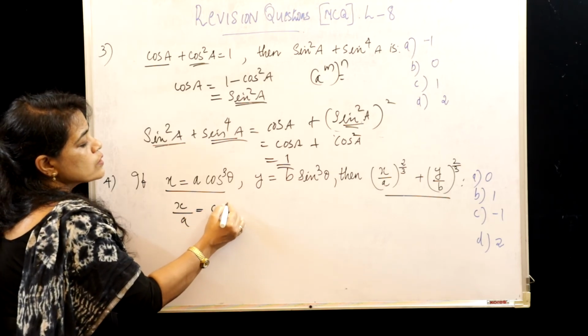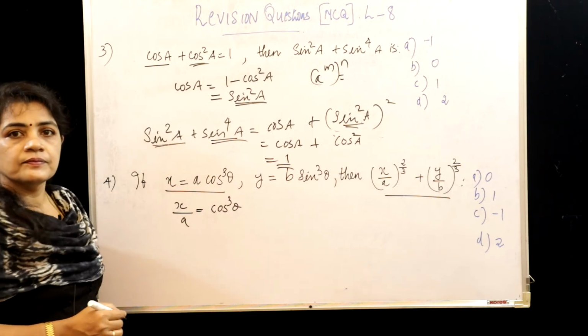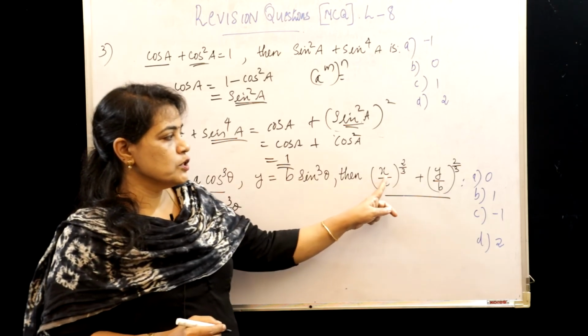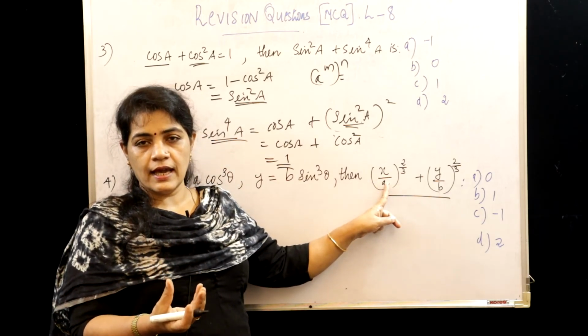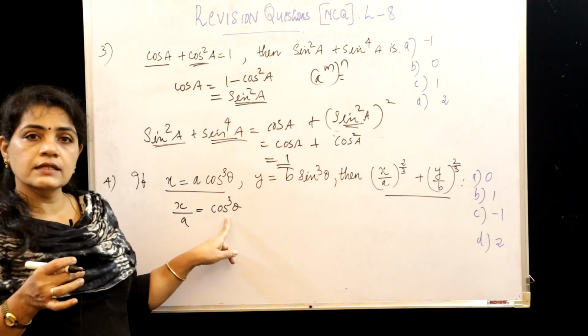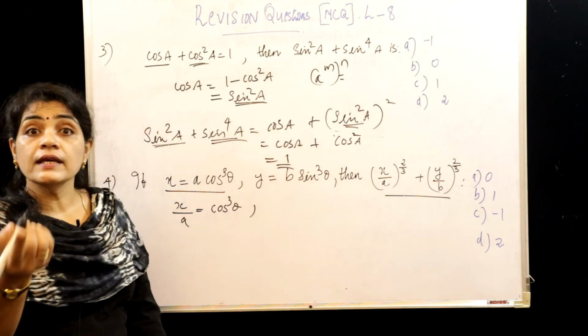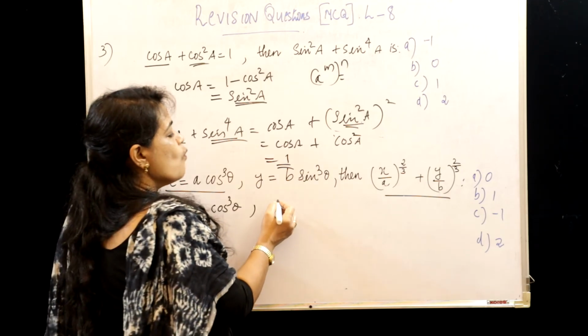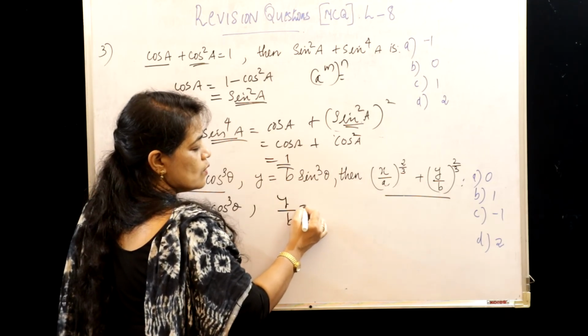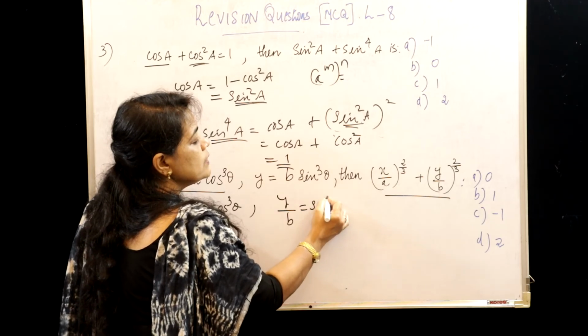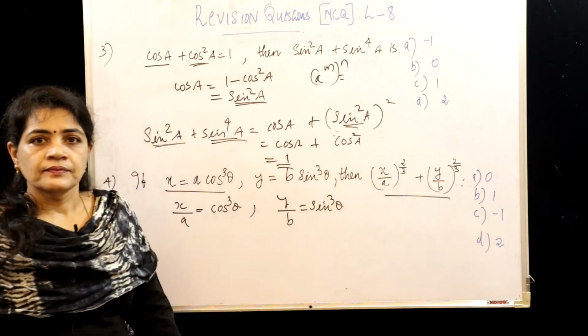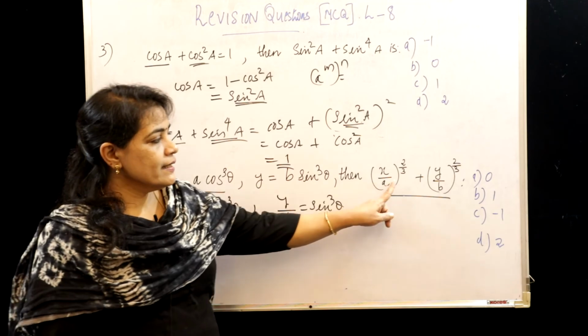So x by a is equal to cos cube theta. That means we can substitute this base x by a as cos cube theta, right? And from y equal to b sin cube theta, y by b equal to sin cube theta. Understood?